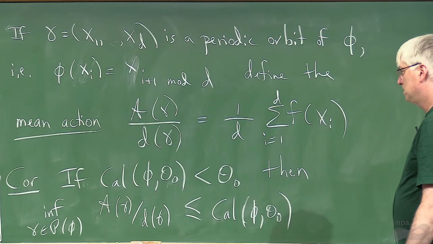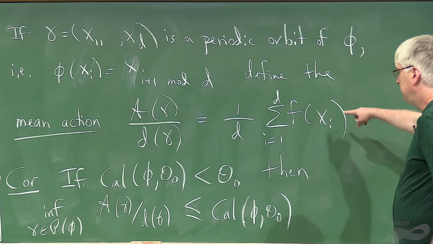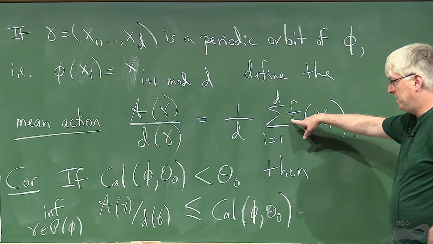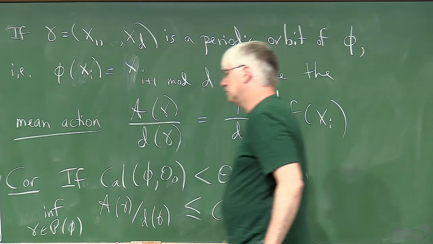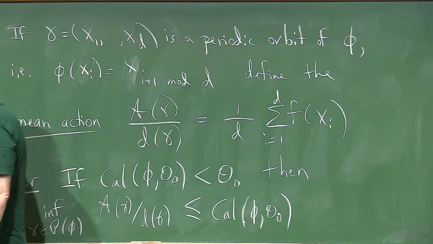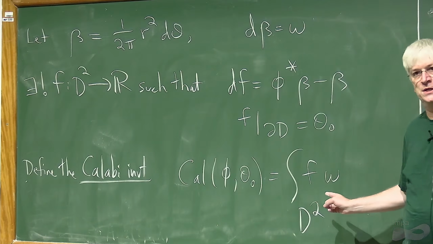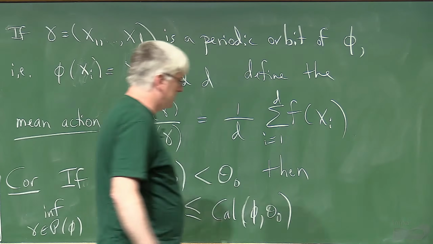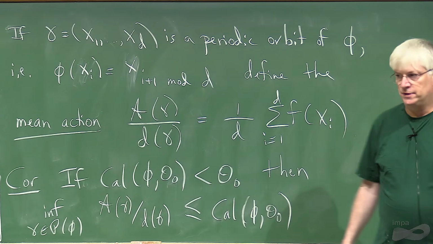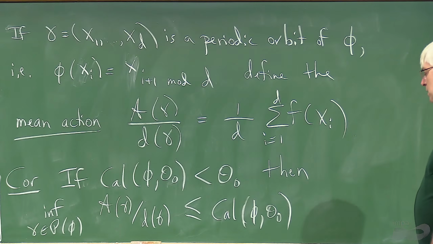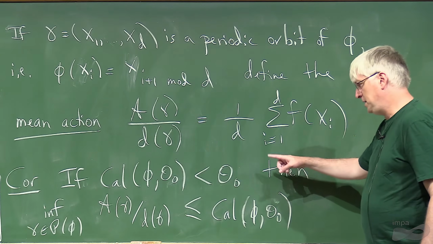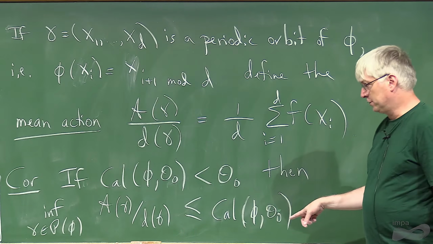So the mean action is saying, what's the average value of f on the periodic orbit? The Calabi invariant is saying, what is the average value of f on the whole disk? So this theorem says that at least to some extent, the Calabi invariant is seen by the periodic orbits of the map.